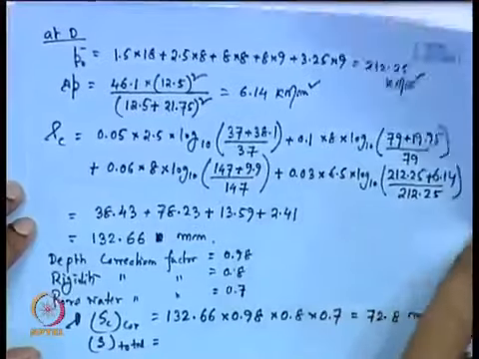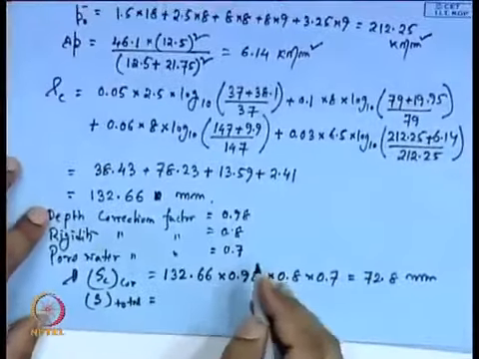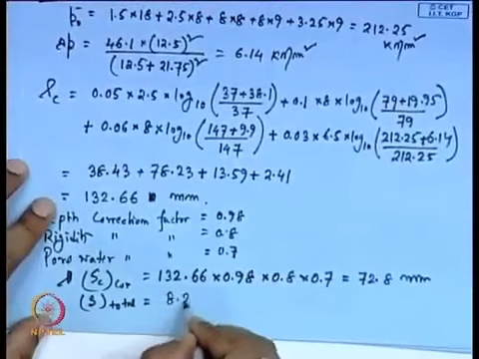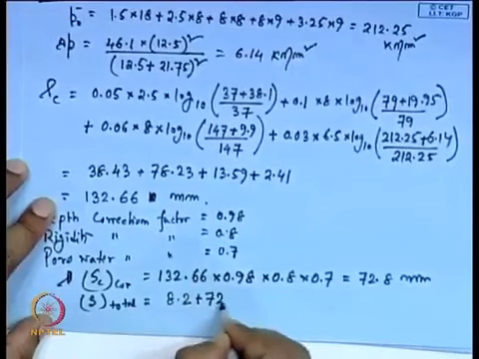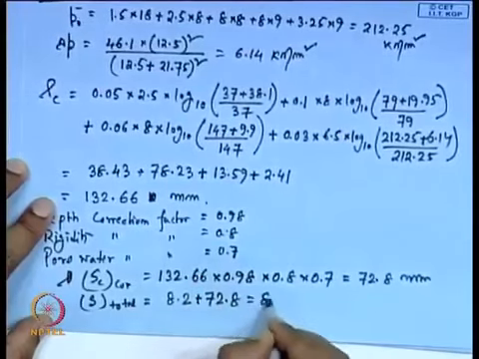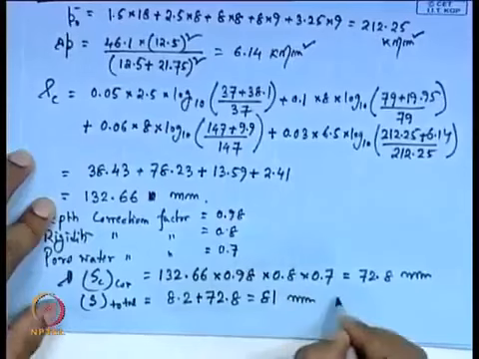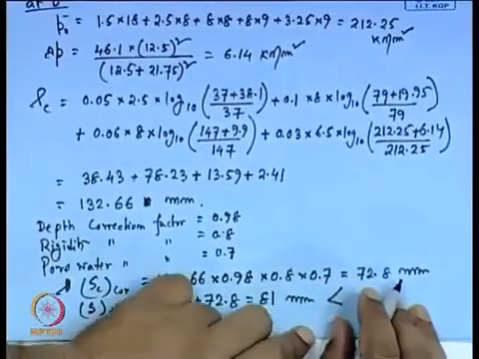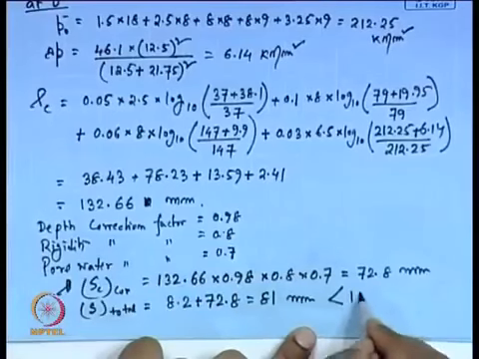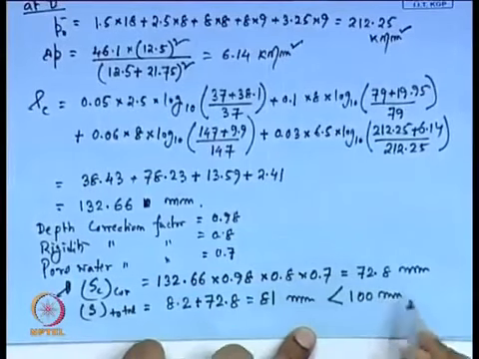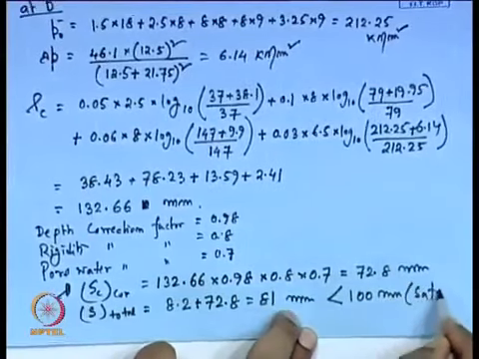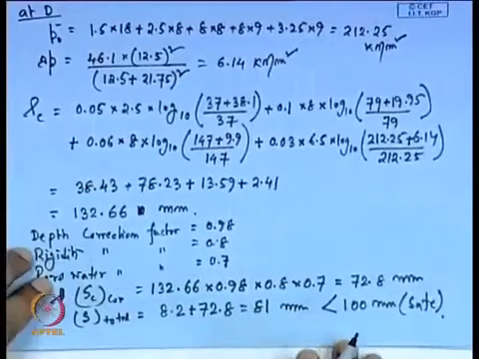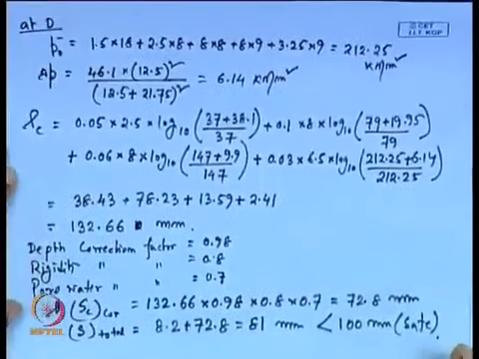So, total settlement, that will be the total settlement value, that is 8.2 plus 72.8, that is 81 millimeter. The permissible for the RCC raft on the clay soil is 100 millimeter. So, it is safe, but here also it is slightly over safe.